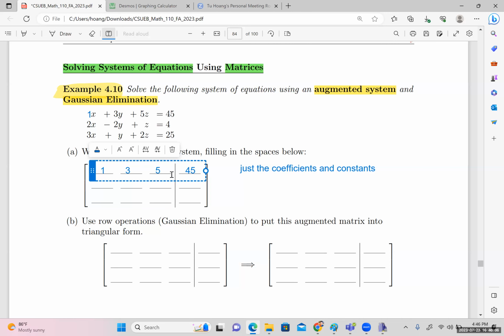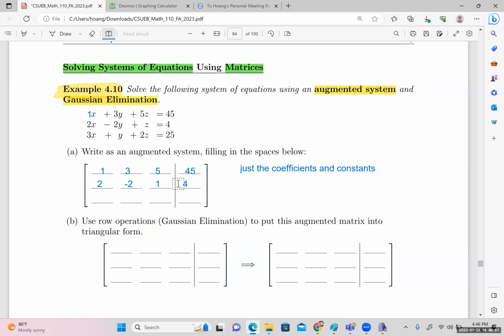So the bar separates the two sides. You can think of it like the equal sign separating them. Maybe use the next one. The next one is going to be 2, then -2, then 1, 0, and then 4. It comes from this equation, and I put out all the coefficients and the constant.